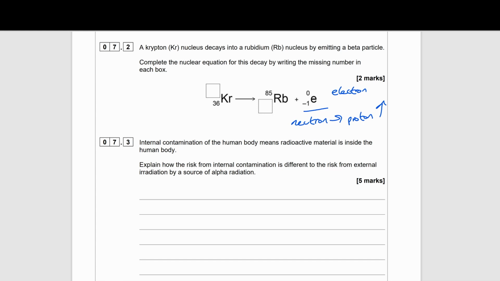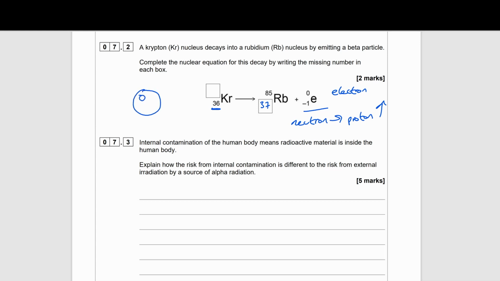So, if we've started out with krypton, which has an atomic number of 36, we are expecting our rubidium now to have a greater atomic number. So that means that our atomic number should be 37. But what happens to our mass number now? Well, a reminder of our atomic structure, inside of our nucleus, we should have neutrons and we should have protons.